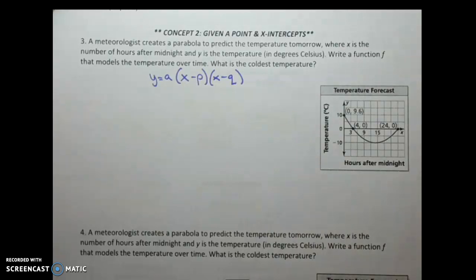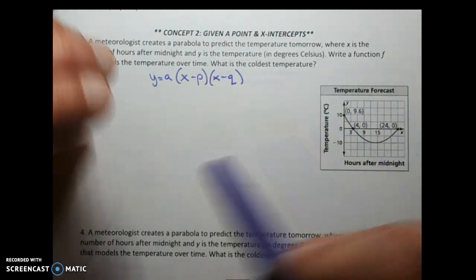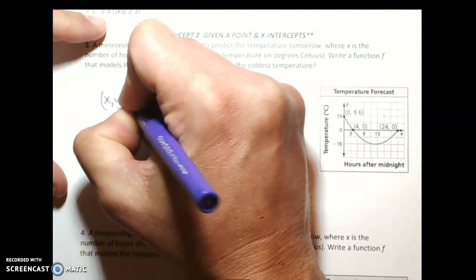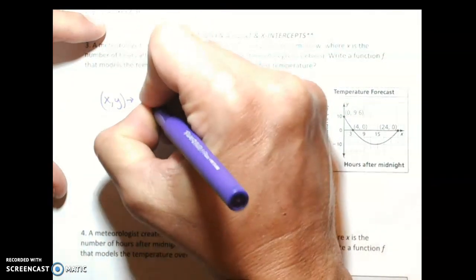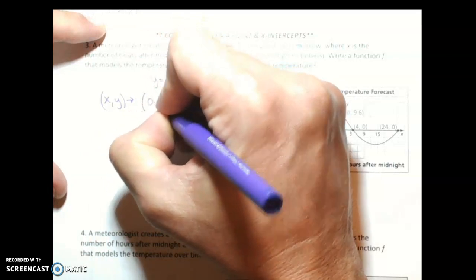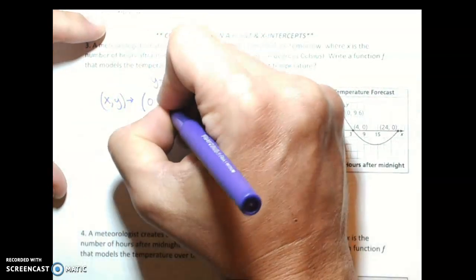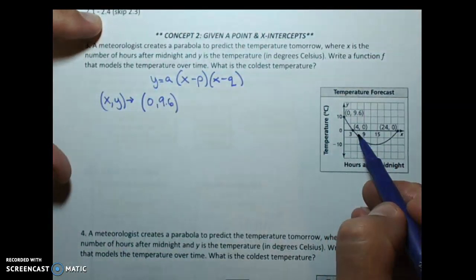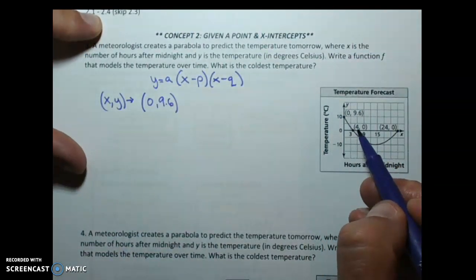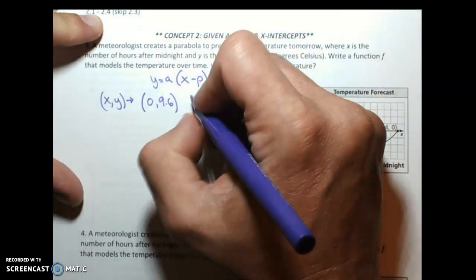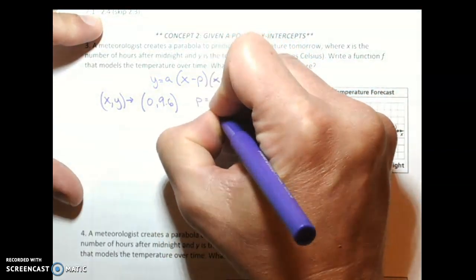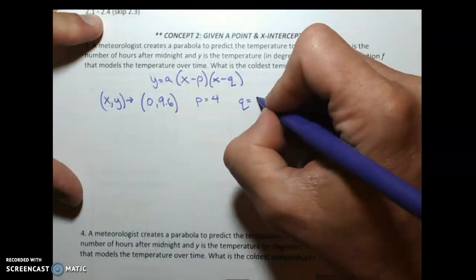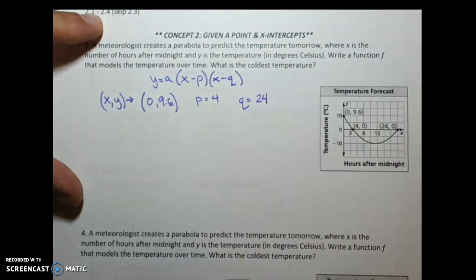Okay, so my point, x y, is given to me here at 0 and then 9.6. My p is right here, and that is given to me at 4. And my q is given to me at 24.